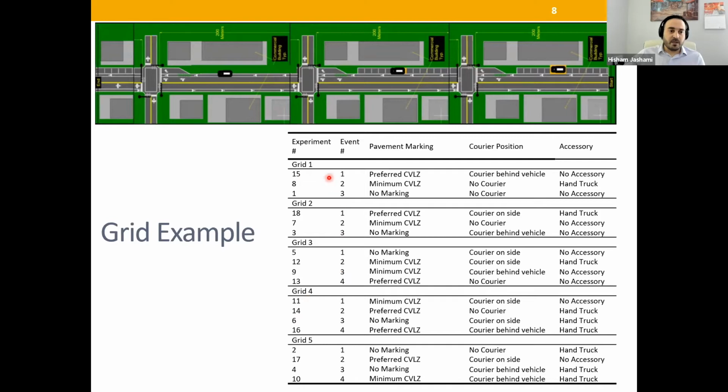We divide them across 5 grids. So we have 3 here, 4 scenarios here, 4 and 4. So here is one of the examples. Cyclists will start right here, right past the maximum loading zone, right past the minimum loading zone, and then the no loading zone, which is the truck parked in the bike lane, and then they end their experiment right there.